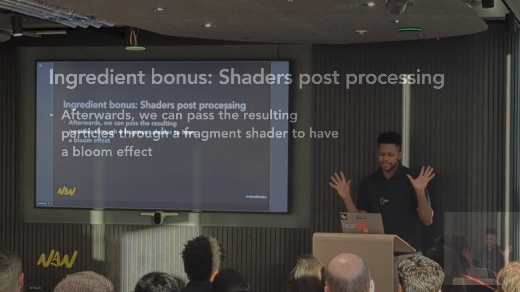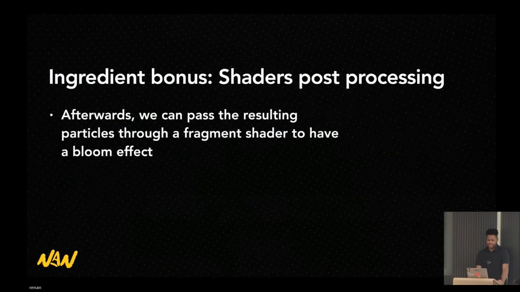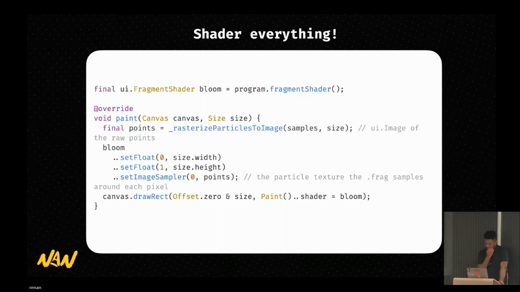After all of it's rendered in the canvas, before Flutter sends the result of that canvas to rasterize in the Flutter engine, we can pass all of that resulting bitmap into a fragment shader, which happens in the GPU, and you can apply custom effects to it. So I'm using this for kind of a glow effect, a bloom effect. And yeah, so this is roughly how you would do it.